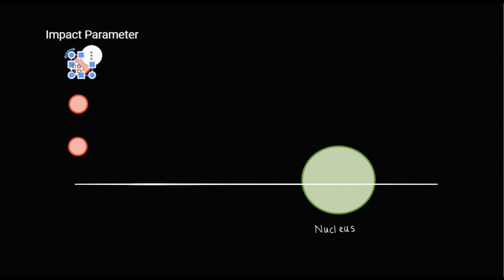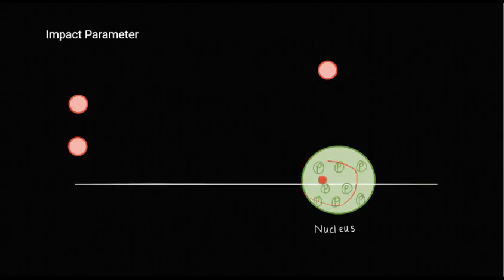If this alpha particle is projected towards the nucleus, since it is very far from the nucleus, can you see the distance? It is very far. So in such a case, consider the Coulombic force between the positive charges.